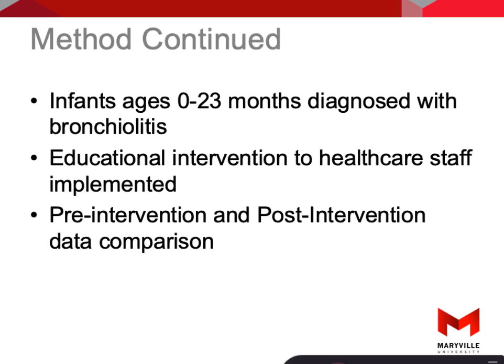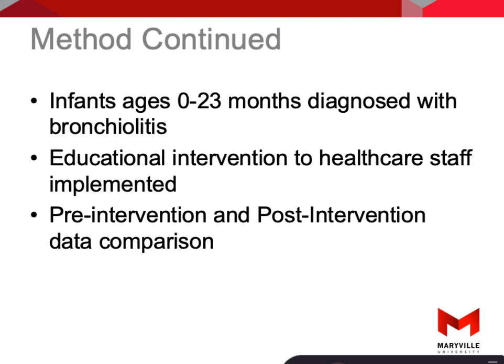After obtaining Internal Review Board (IRB) approval from both the healthcare system and the university, a pre-intervention retrospective electronic medical record review was conducted in the fall of 2021 through the spring of 2022.